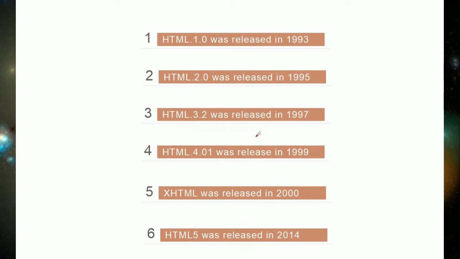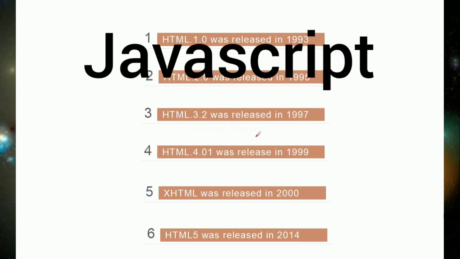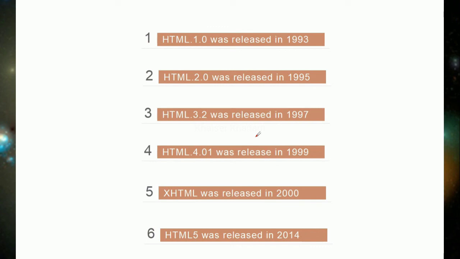We have the audio tag and video tag, tags which are very useful in today's time. It also supports all kinds of media applications and provides full support for JavaScript to run in the background. These are the versions of HTML from 1 till now. This is the latest version, HTML 5.